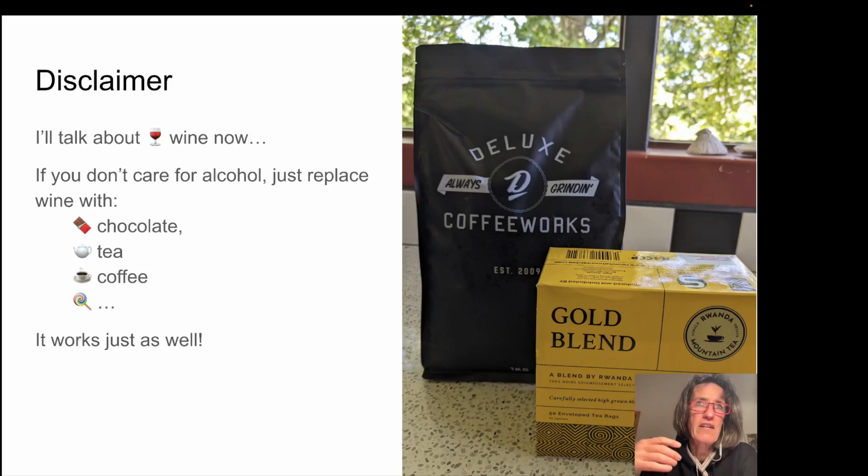A coffee taster in Rwanda would use the same techniques and vocabulary to talk about their coffee, or a chocolate taster. So if you're not comfortable with wine, just replace any usage of wine with any other medium like tea or coffee, for example. It will work just as well. I live in the winelands, there's wine around me, so I'll stick with wine for the remainder of this talk.